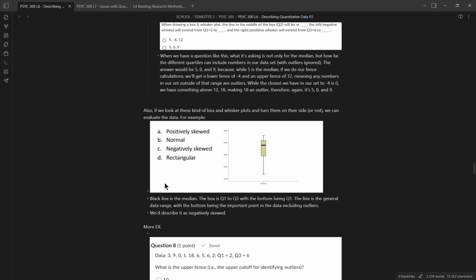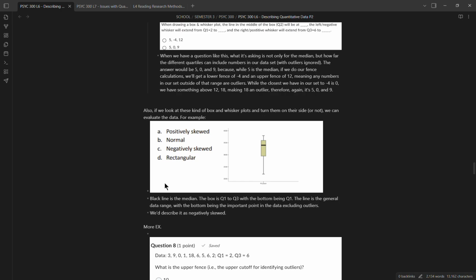When we look at this question here, it's showing us a box and whisker plot with the median plotted out, and it's asking what kind of skew we're looking at. If we just take the representation here and turn it on its side, we can evaluate the data.